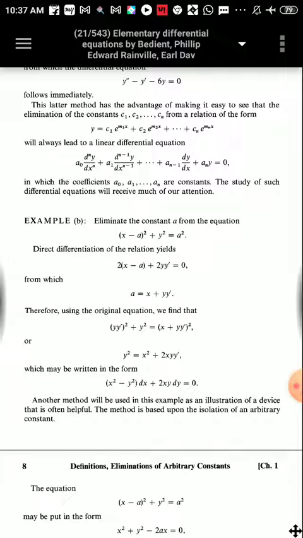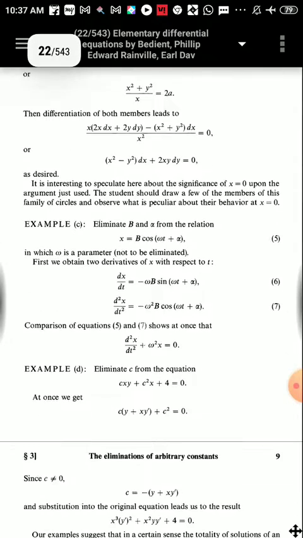Another method will be used in this example as an illustration of a device that is often helpful. The method is based upon the isolation of an arbitrary constant.